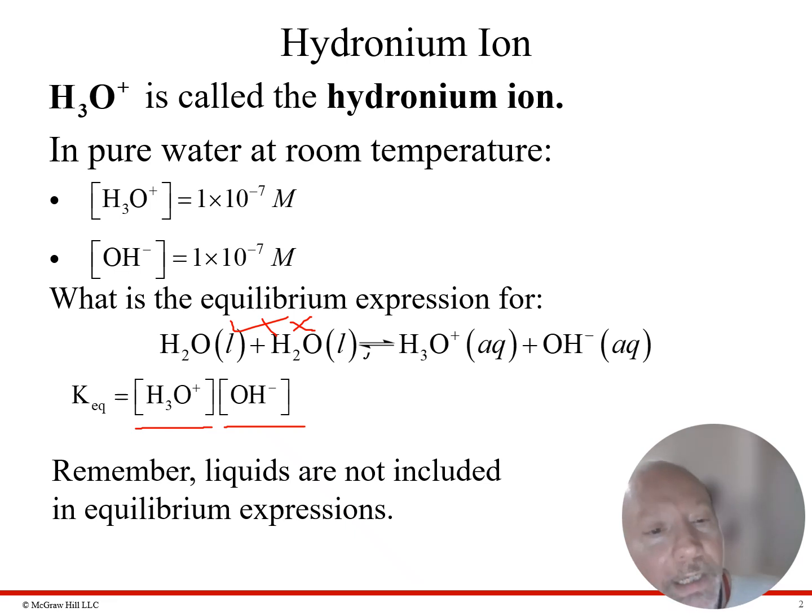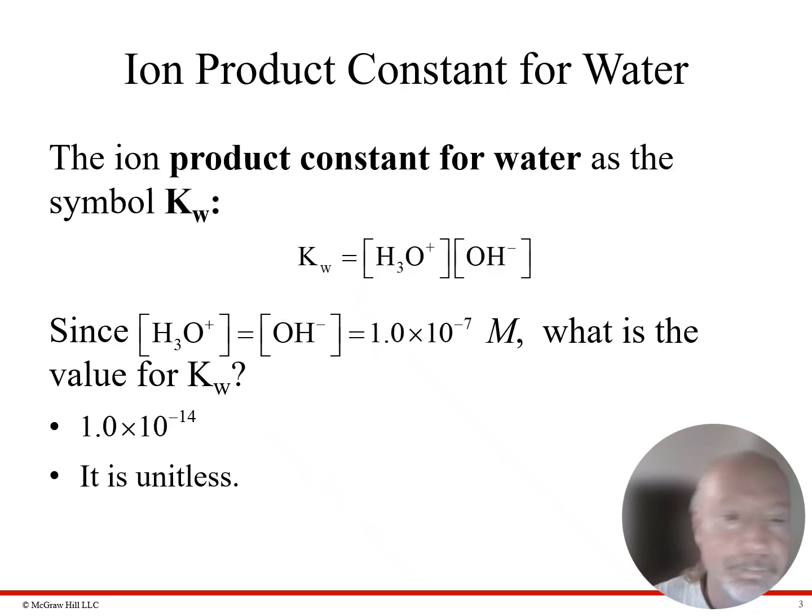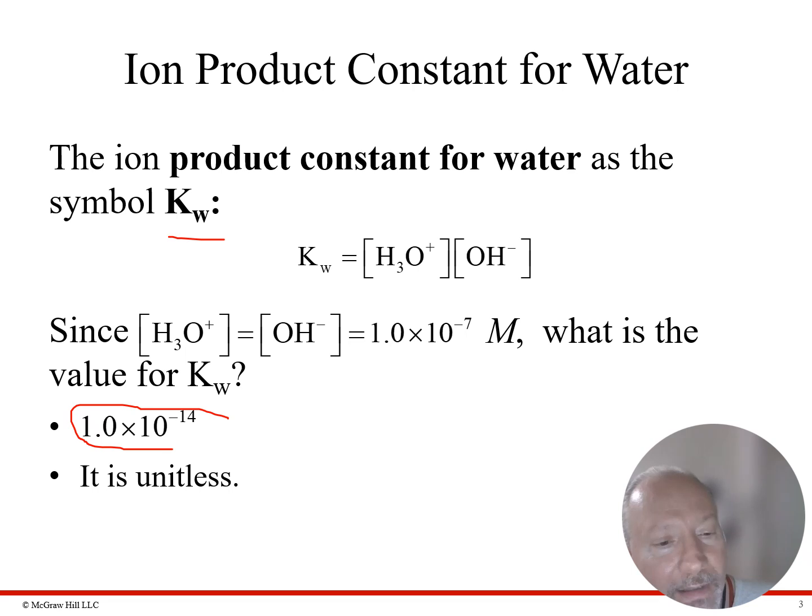It's just the products in the equilibrium constant here. If you could imagine, we could put the hydronium cation concentration in here, and we could put the hydroxide concentration values in here. We multiply that together and we get a special equilibrium value. We're learning the Kw value, which, if we put those concentrations in there, is 1 times 10 to the negative 14th, a very small amount.